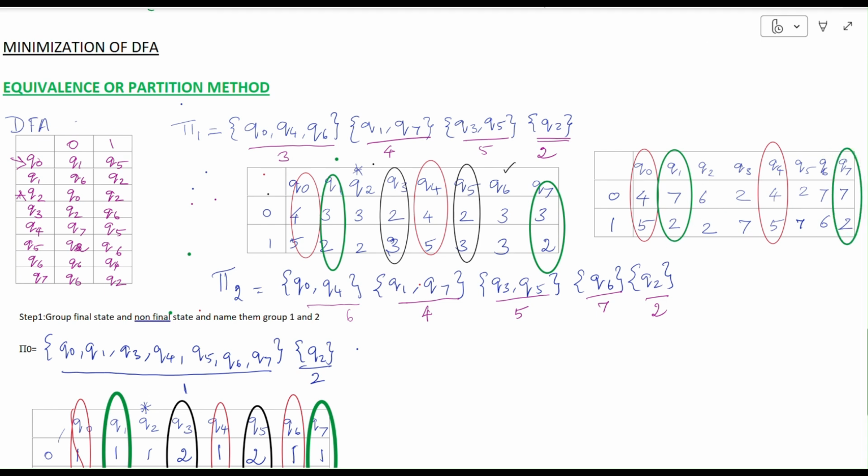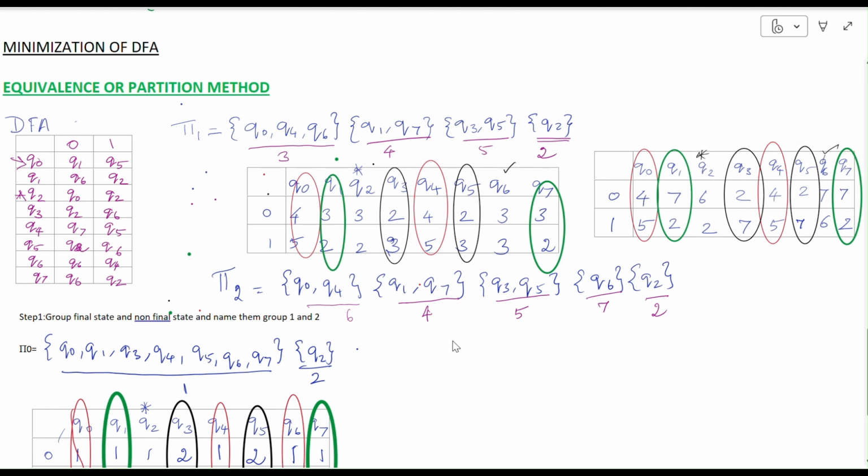And then Q3 and Q5. So Q6 is remaining, and Q2 is the final state.